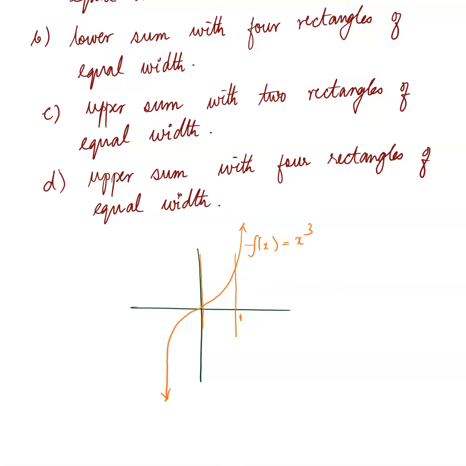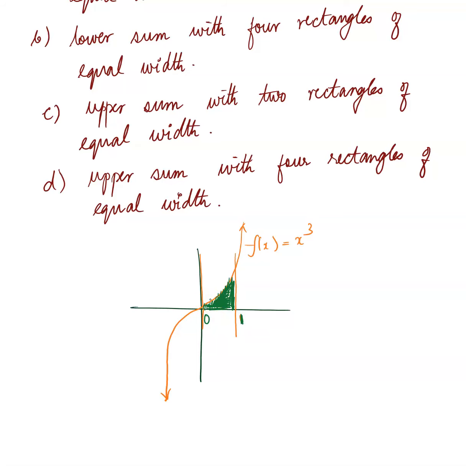So then we are looking at the region that is in between them. So this is basically the region. So you can kind of say it goes from 0 to 1, isn't it? And then it's for this region that we have to construct.